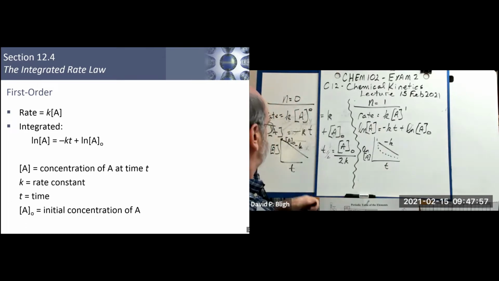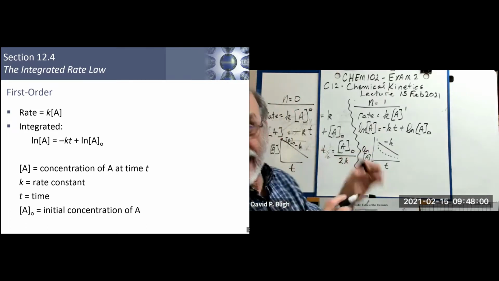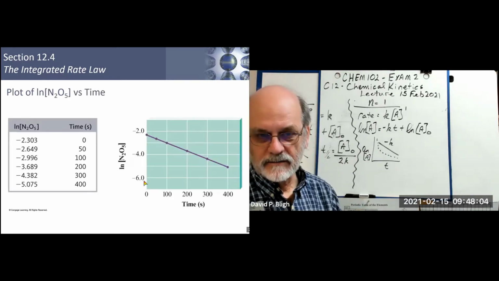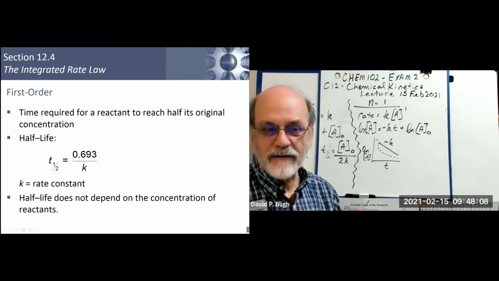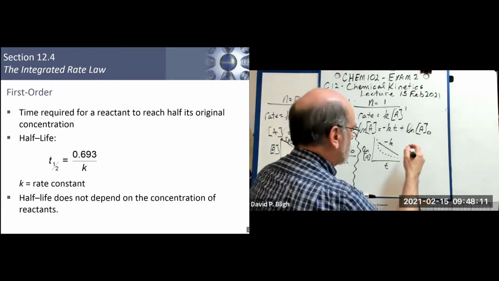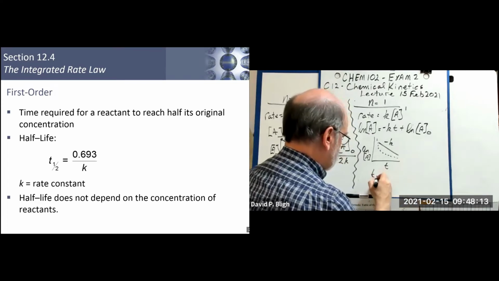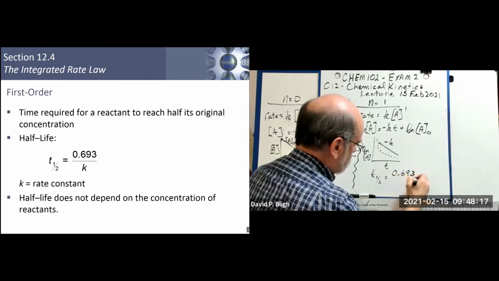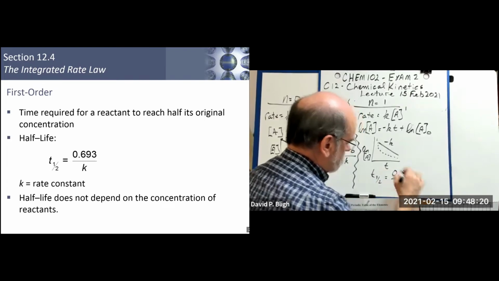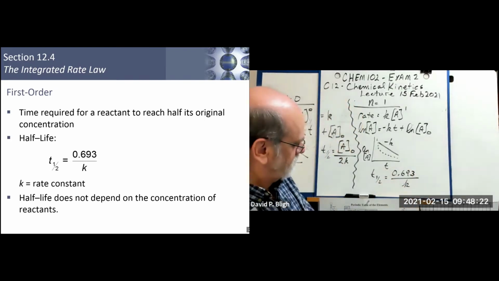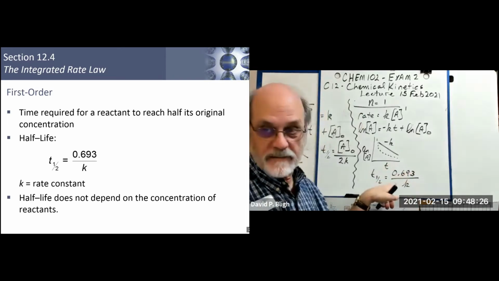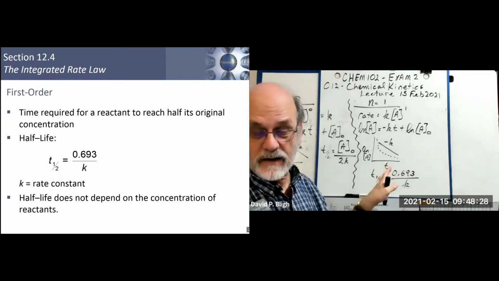And half-life. Okay, half-life then, well, after you plot it, of course. The half-life is T 1/2 equals 0.693 divided by K. So what we notice about this is the half-life, it doesn't matter where you start.